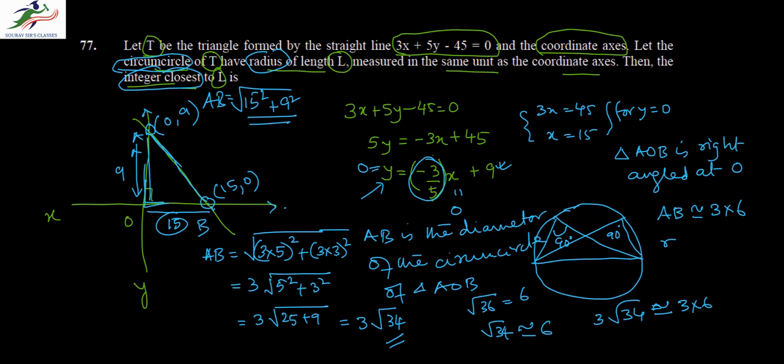So the radius, which is half of the diameter, half of AB, will be very close to 3 into 6 by 2, which is 9. So 9 is the integer which is closest to the value of the circumradius. So the answer to this question would be 9.